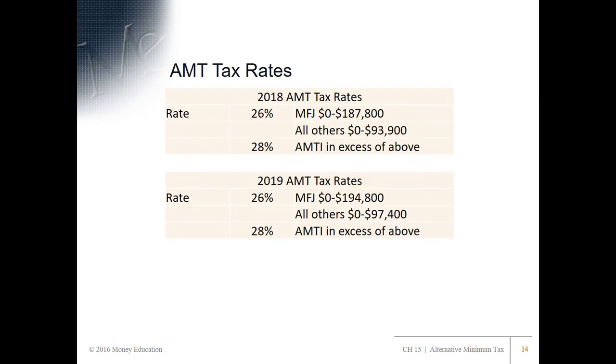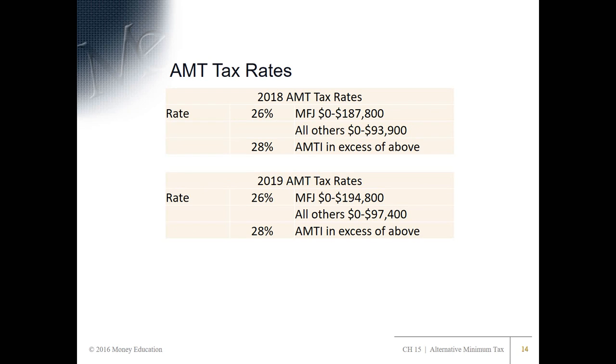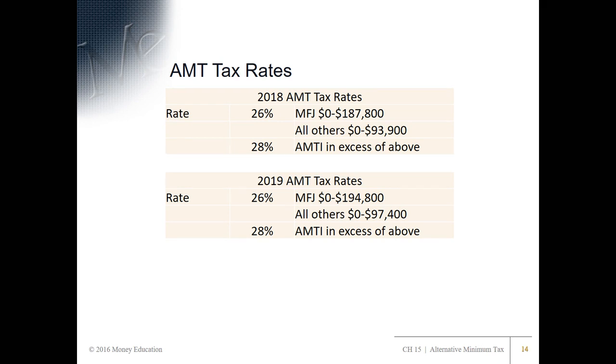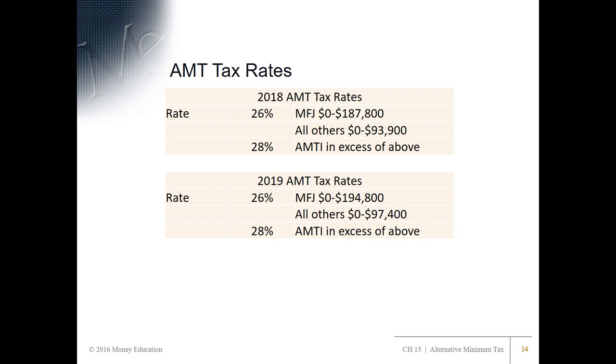Here are the 2018 and 2019 AMT tax rates, and let's just look at the 2019 chart. As you can see, for both years, and it's been this way for a long time, there's just two tax brackets for AMT, 26% and 28%.